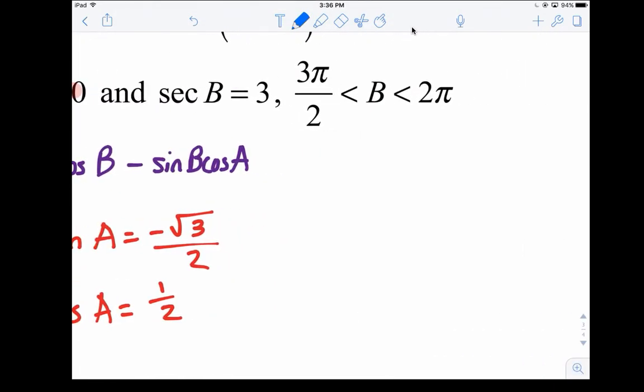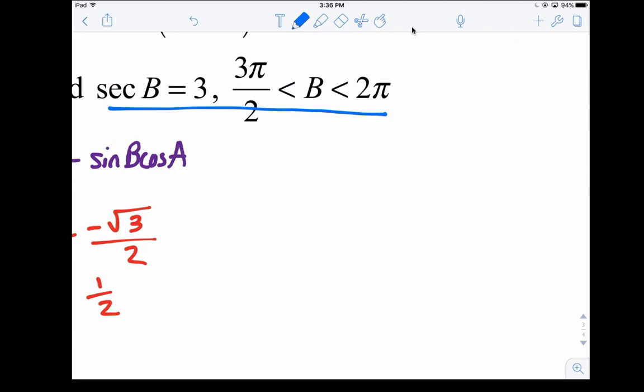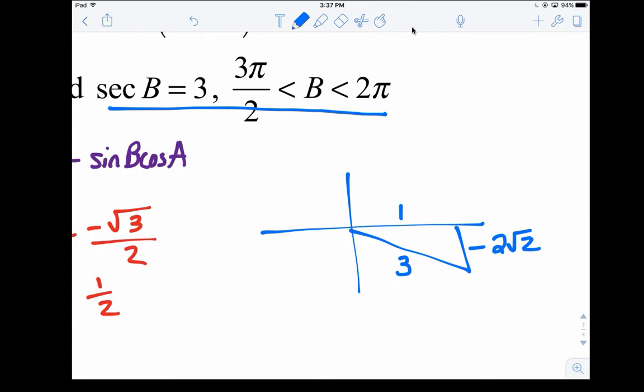And then the other one, you have secant of B is between 3 pi over 2 and 2 pi. So that also is in the fourth quadrant. It tells me that the secant ratio is 3, so that would make this 3 over 1, and your missing side would be negative root 8, or negative 2 root 2.